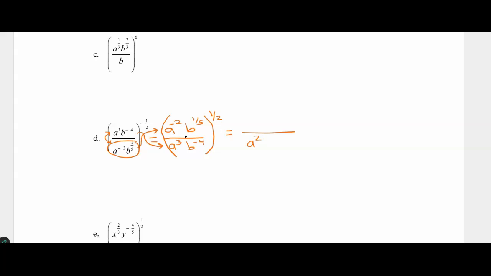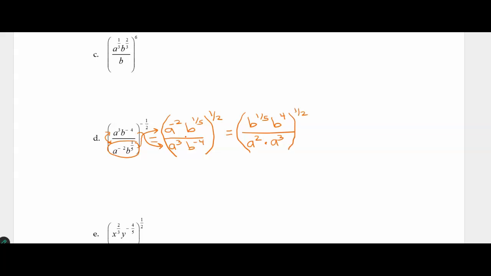All right, b to the 1/5 power was happy upstairs, so let's go ahead and leave b to the 1/5 power. On the bottom, a to the 3rd was happy there, right? It's a positive exponent. But b to the -4, it wants to go upstairs to be b to the 4th. And it's still all raised to the 1/2 power.